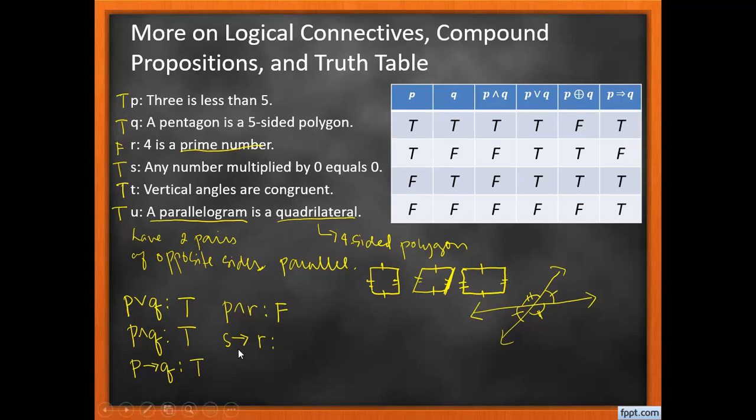So that's how we construct if S then R here. And what's the truth value for this? Anyone can unmute his or her mic.